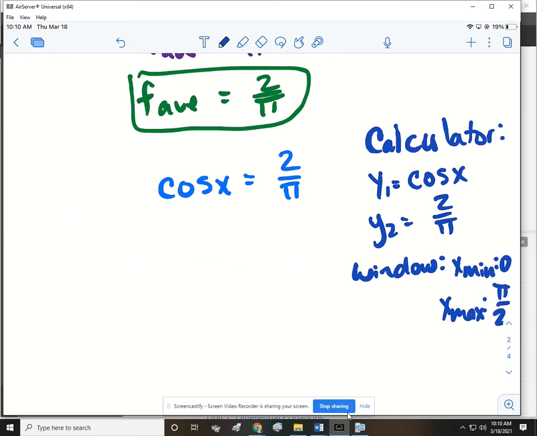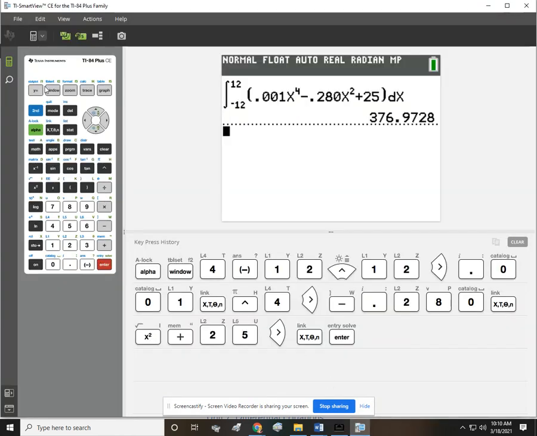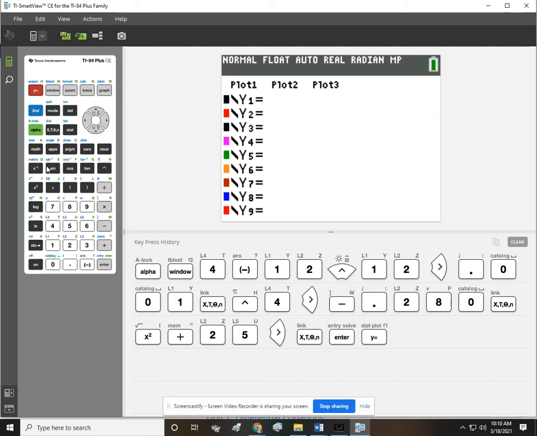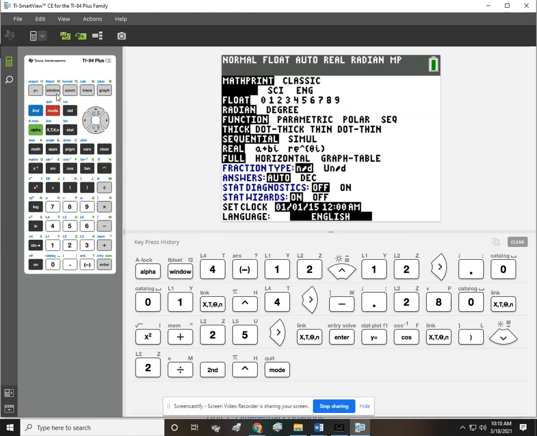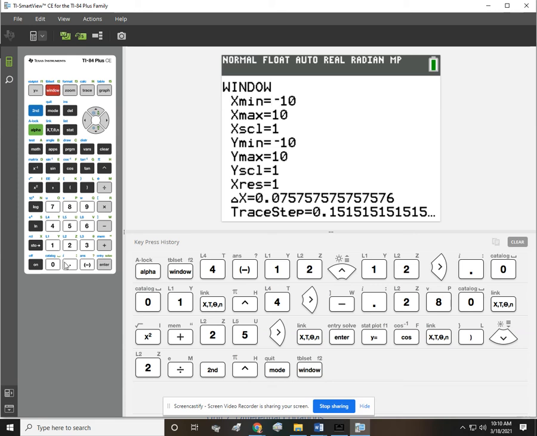Okay, so let's get all that typed in. Let me make sure I'm in radian mode. Okay, and then I'll go to the window and I just want to go from 0 to pi over 2.